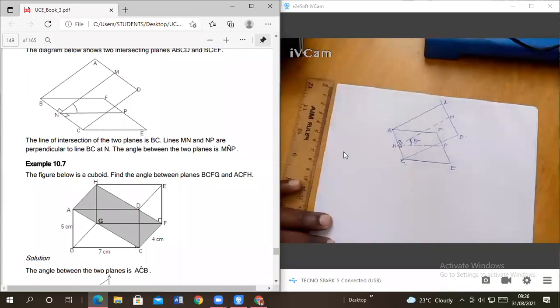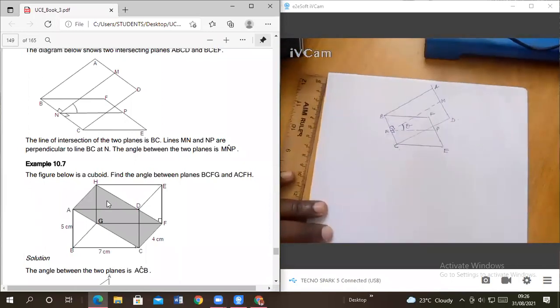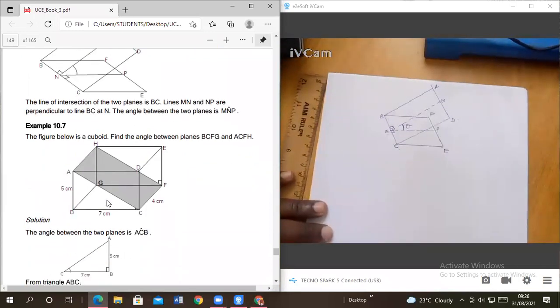Okay, good. So let us proceed, and now we look at this example 10.7. Example 10.7, they are saying that the figure below is a cuboid. And they're saying find the angle between the planes BCFG. I have to look at those planes very well. So it means that is the lower plane, and ACFH.